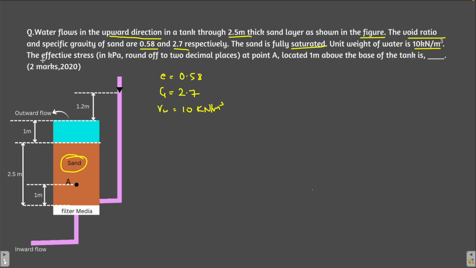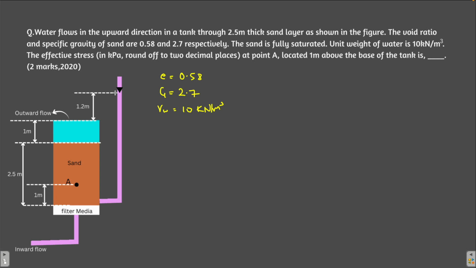And we have to find out the effective stress in kilopascal rounded off to the 2 decimal places at point A located 1 meter above the base of the tank. So we have to find what is the effective stress here at this point. Okay, it is 1 meter above the tank, and there are other data given to you in the form of the figure.